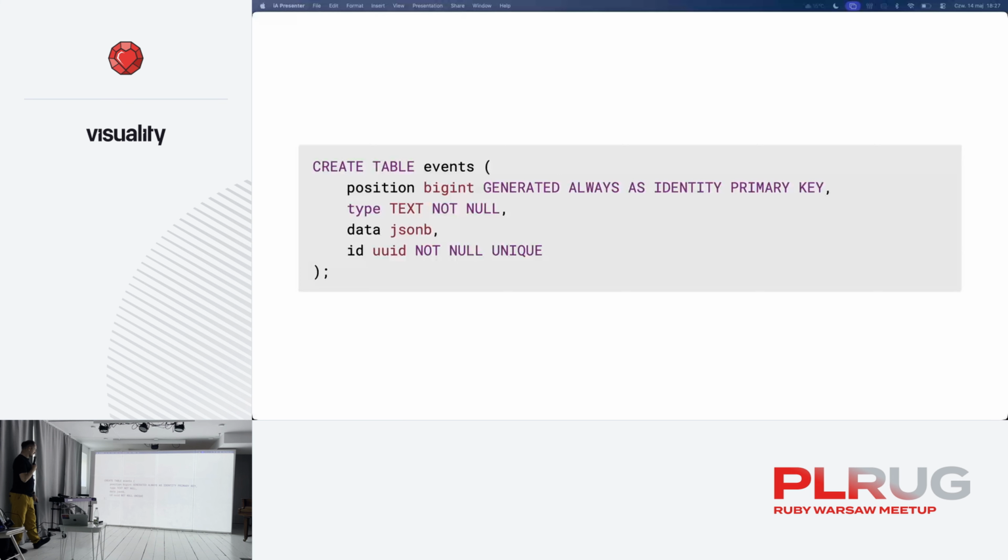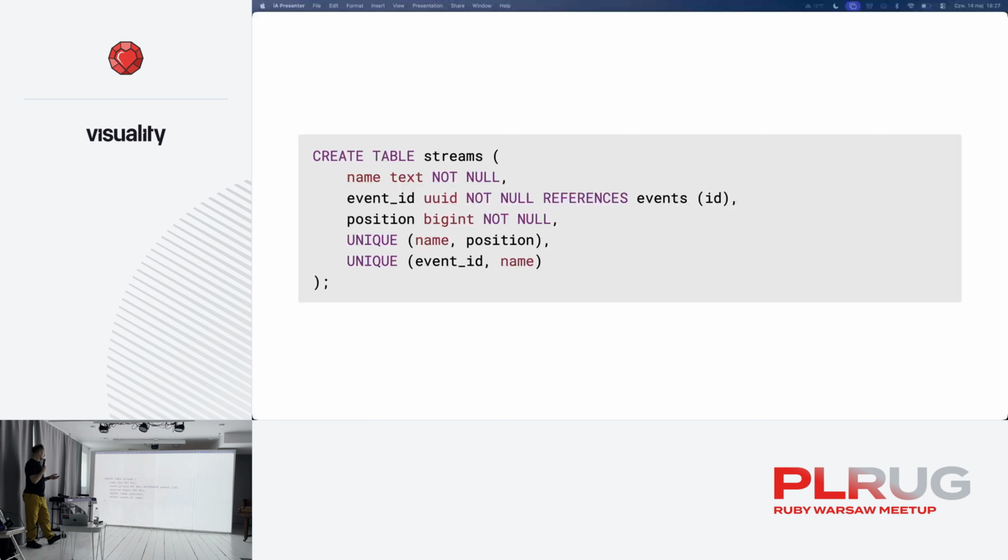I had to chop this slide a bit, but in an event store implemented on top of SQL, the way to provide such a safety mechanism is to have a unique index on a position in a stream within the scope of a particular name.